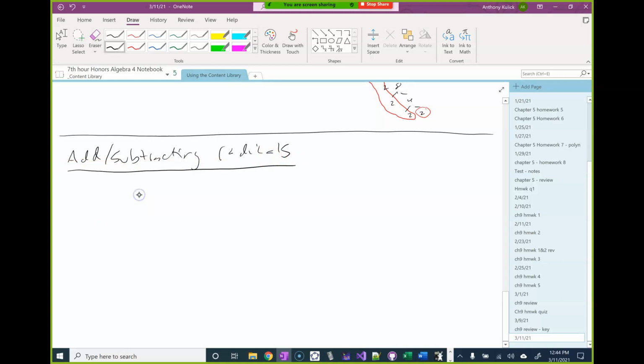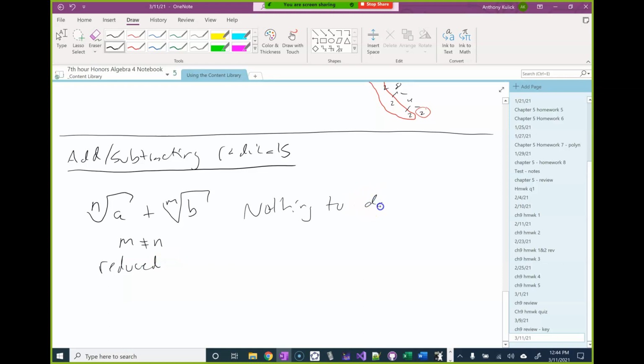So first things first, let's say we have the nth root of A and the mth root of B, where m and n are not the same number, and they're reduced already.